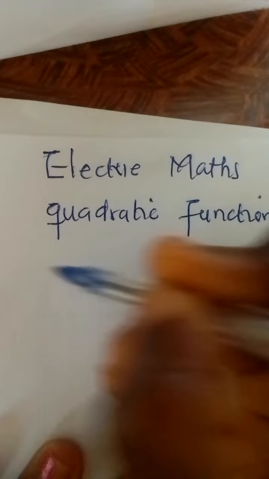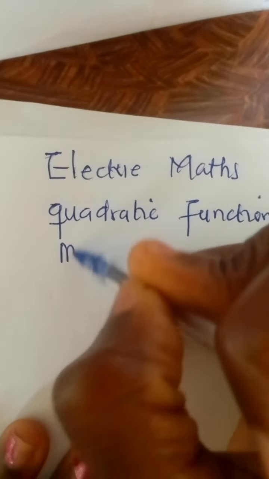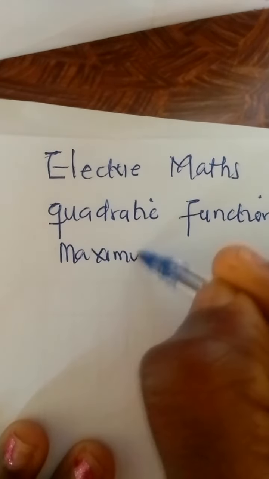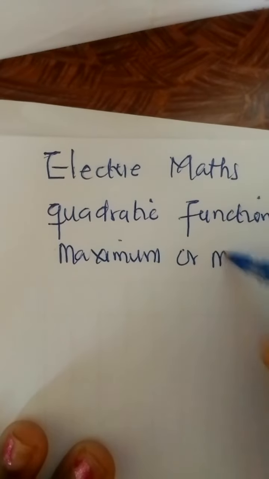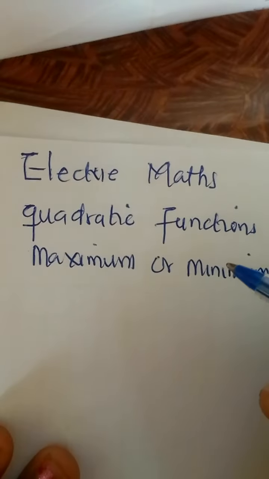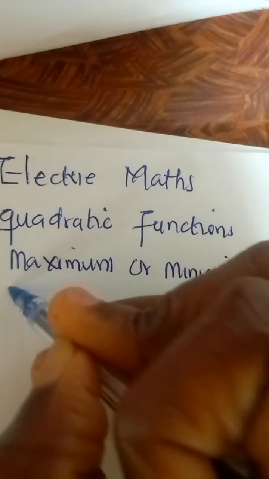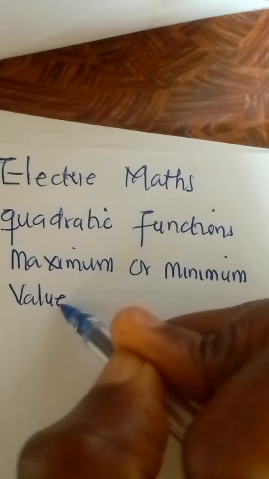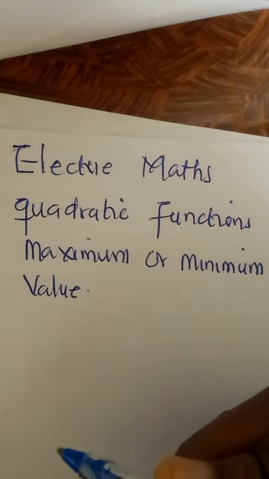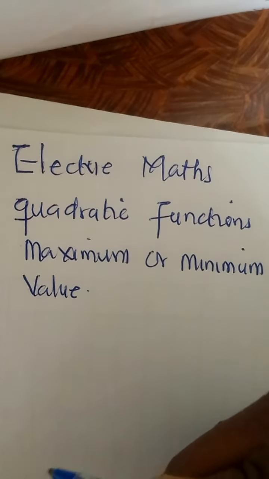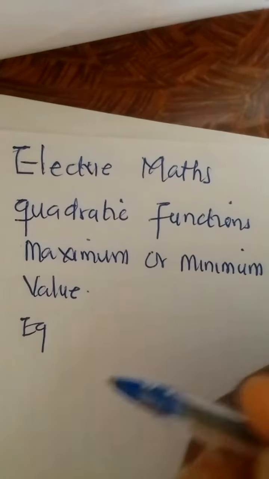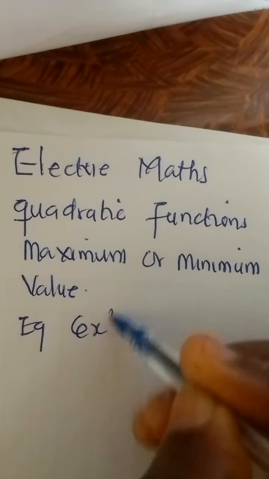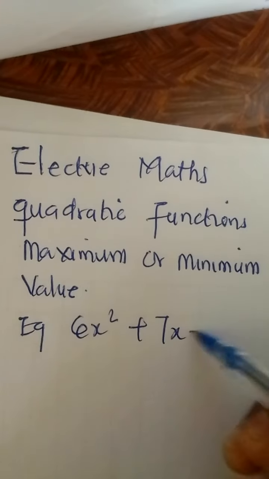We are going to talk about maximum or minimum value. So, still using our old example of a quadratic function, 6x squared plus 7x plus 2.